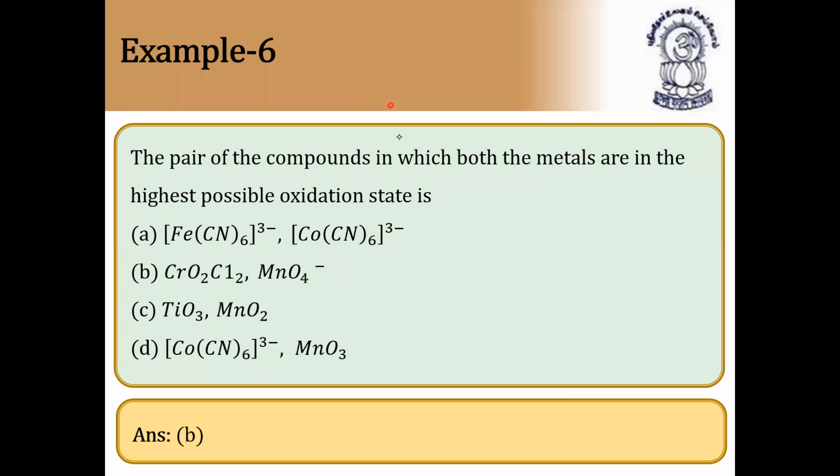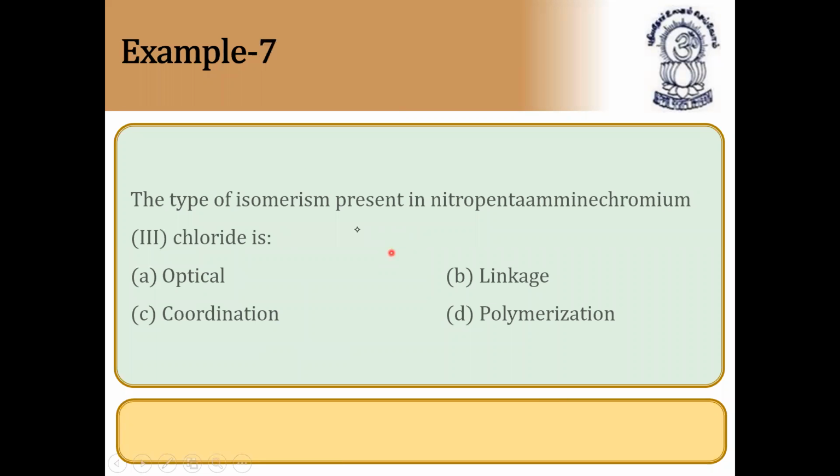Next question. The type of isomerism present in nitropentamine chromium 3 chloride. Chromium 3 chloride means chromium is in +3 oxidation state, and nitro is NO2, pentamine is NH3.